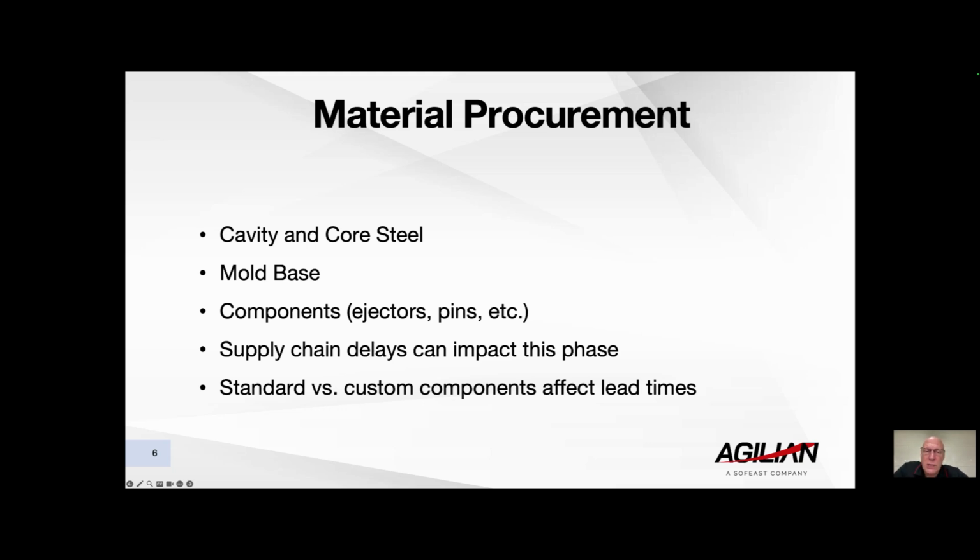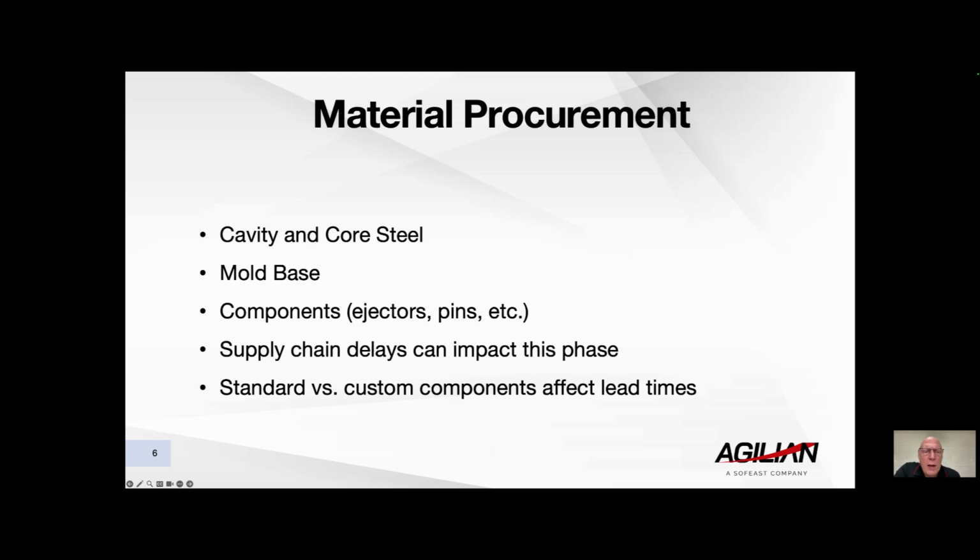This could impact this actual purchasing phase itself. But what we do encourage and what we try and do ourselves is look at standard components versus custom components, where custom components clearly do attract a longer lead time.